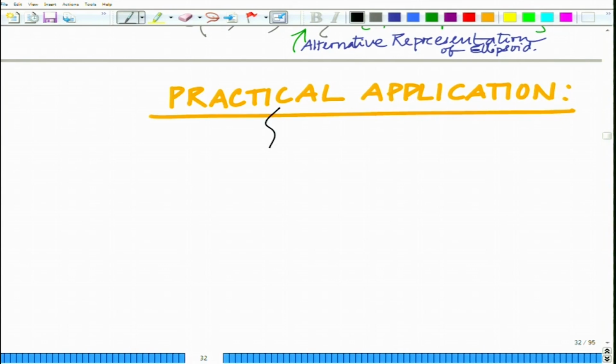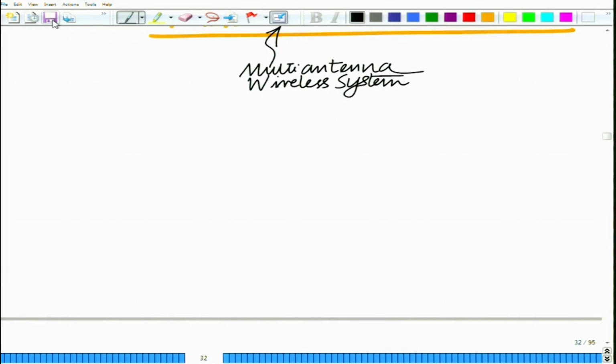Again we will look at a multi antenna wireless system. Let us consider a multi antenna wireless system, again similar to what we have seen before.